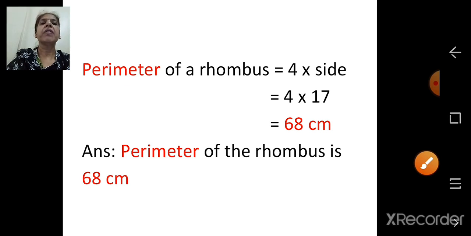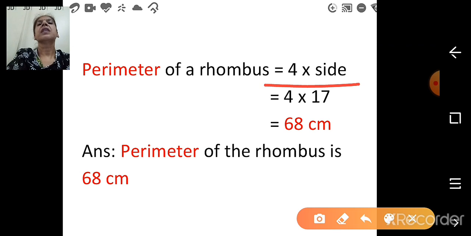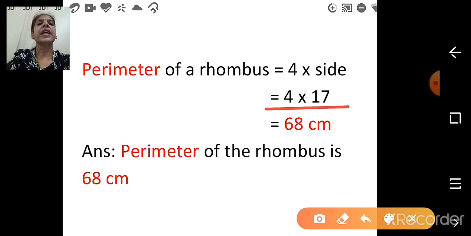Now perimeter of rhombus. What is the formula to find perimeter of rhombus? It is sum of all sides. Here all sides of rhombus are congruent. So it will be 4 into side. One side is 17. Now multiply 17 with 4. You will get the answer 68.